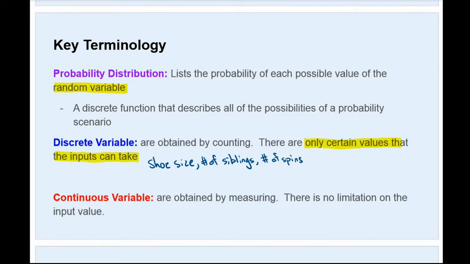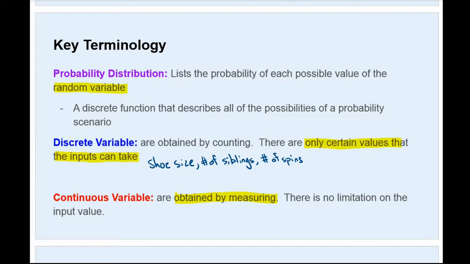A continuous variable is obtained by measuring. So if it's obtained by measuring, then usually that means there's no limitation on the input value, which means the values that you could be looking at for the scenarios could be anything. There could be an infinite number of decimal places, or many decimal places.